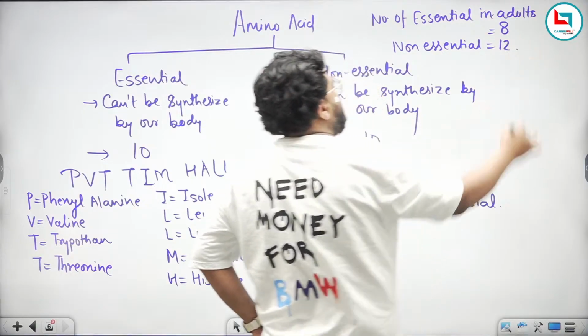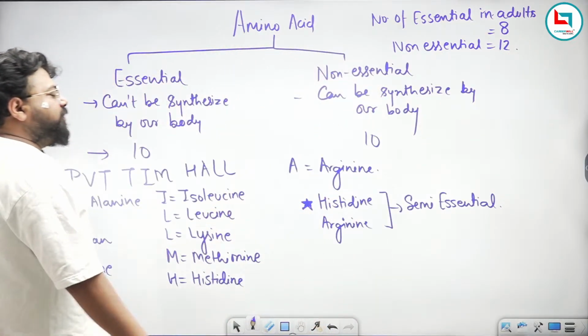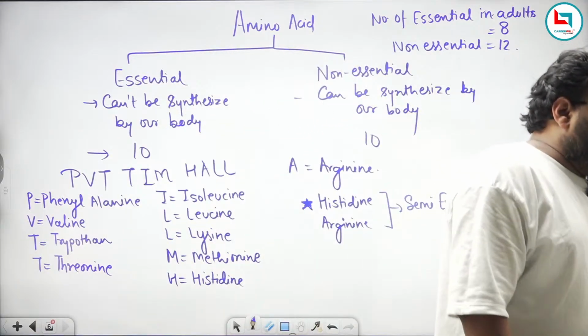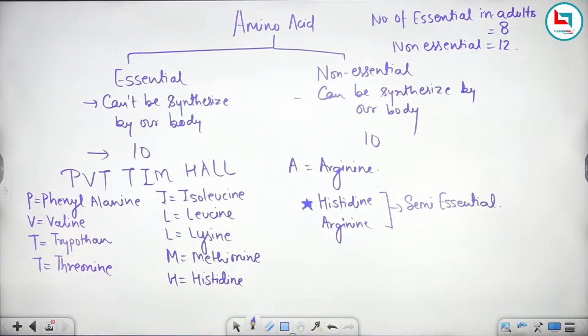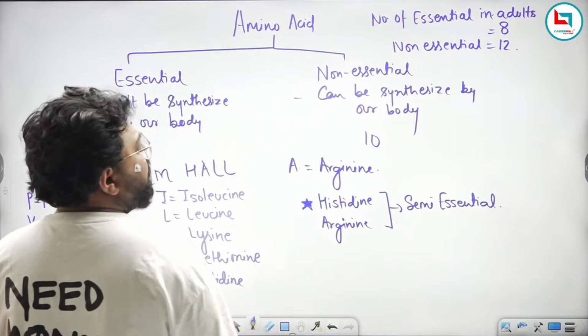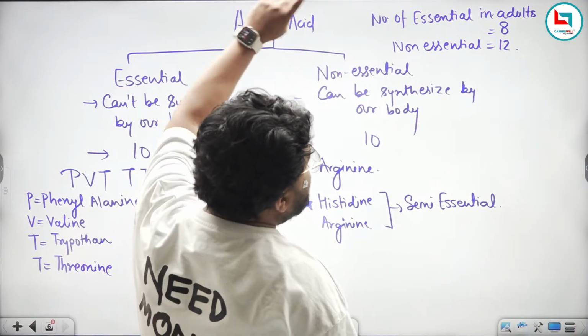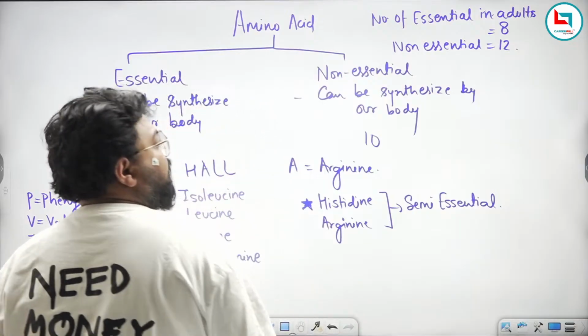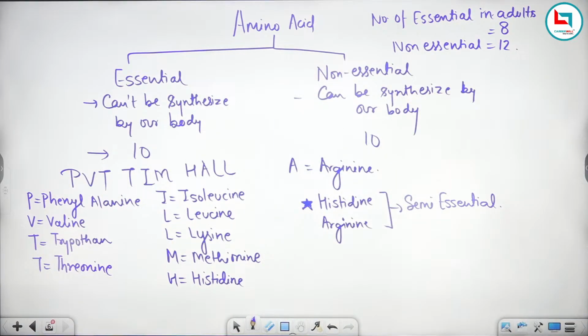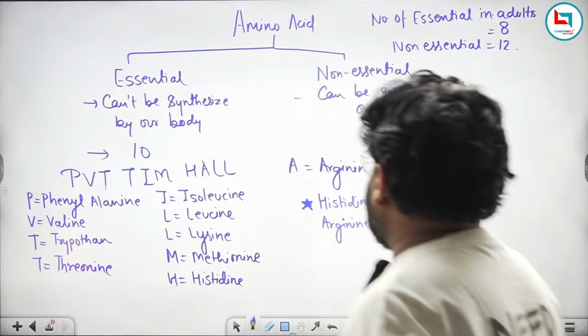So these two amino acids, after 16 years, start getting synthesized by our body. That's why we call them semi-essential amino acids. Otherwise, usually in the books it is written that essential is 10 and non-essential is 10. But if they ask for adults, essential will be 8 and non-essential will be 12. Is that clear? So these are amino acids.